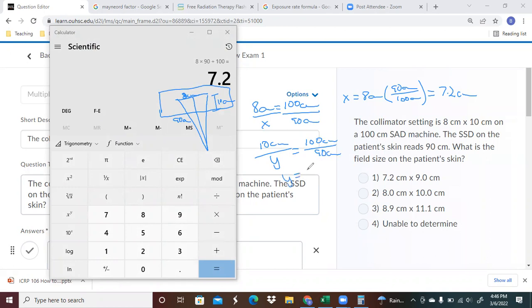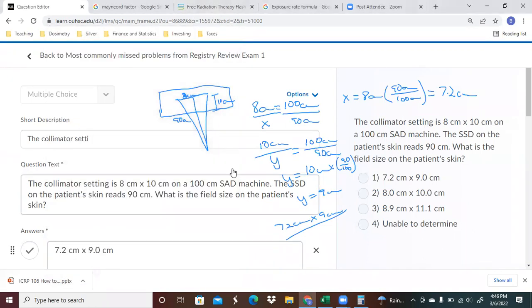So y is going to end up equaling 10 cm times 90 over 100. So the new field size should be 7.2 cm by 9 cm, which indeed it is.